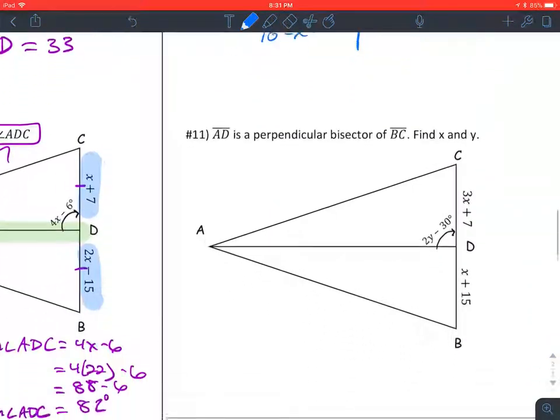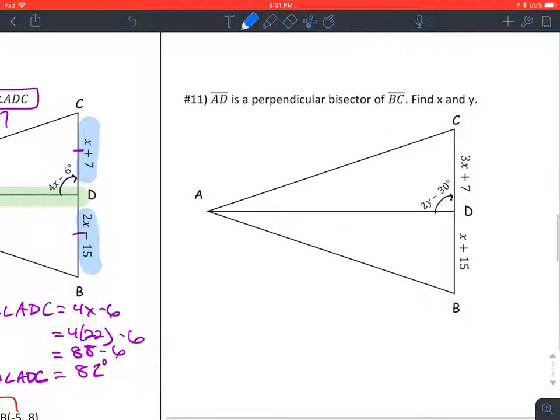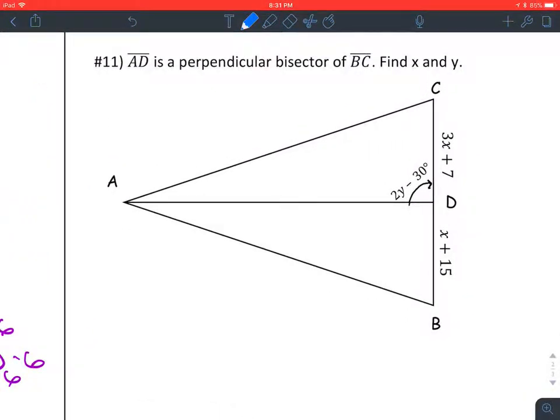Number 11. Last one. Segment AD is a perpendicular bisector. Well, perpendicular means forms a 90-degree angle. Those are both 90. Bisector means this is equal on both sides. And what we learned earlier today, well, the theorem that we had, if a segment is a median and an... Let me backtrack.